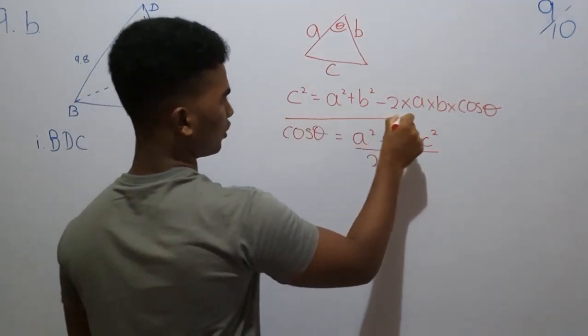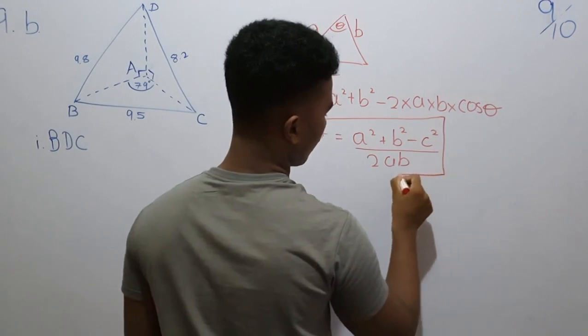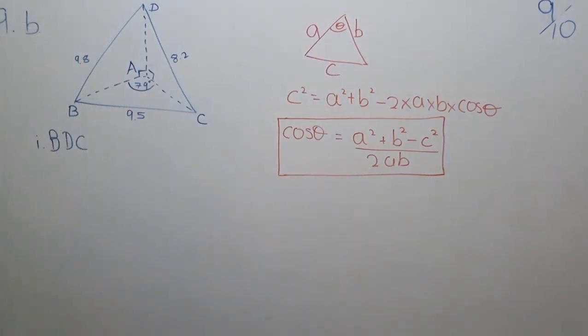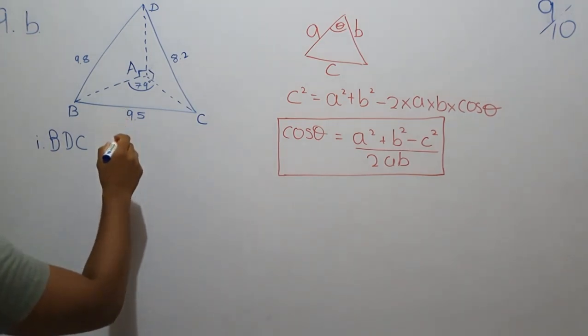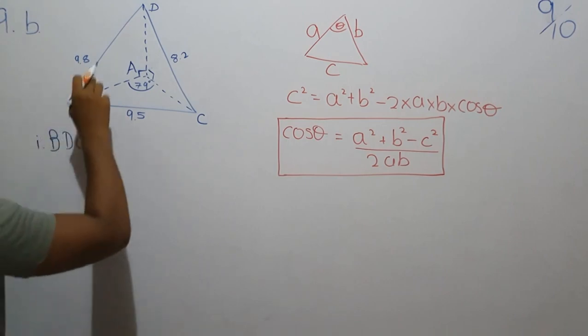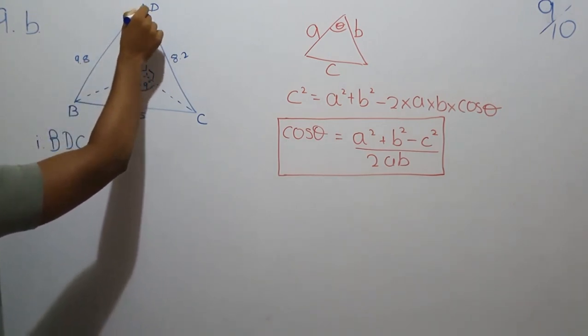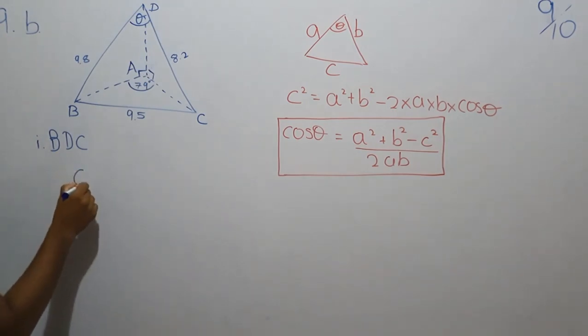Using this formula would give you simpler simplifications rather than using this. So better to use this. BDC. So cos BDC, this angle should be found. I'll put theta here.